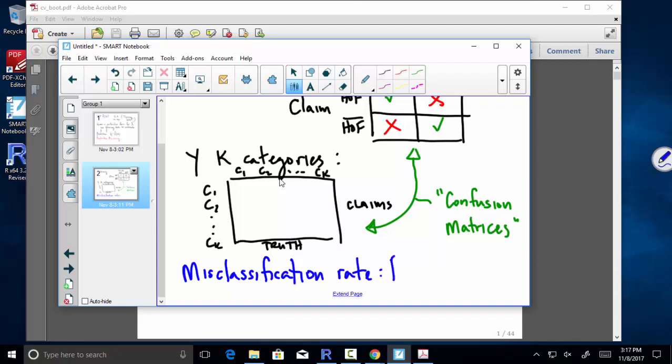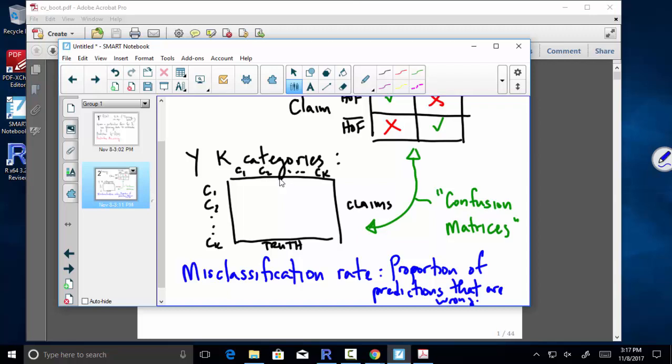This is just the proportion of predictions that are wrong. If we have n training individuals, we could make a prediction for every single one of them and compute the proportion of those predictions that are not right. That's a single number summary of performance or accuracy.